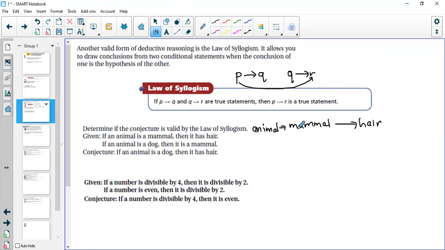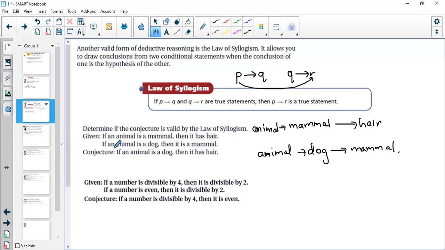If an animal is a mammal, then it has hair. If an animal is a dog, then it is a mammal. So if an animal is a dog, then it has hair. They said if an animal is a dog, then it's a mammal. Okay, so again, mammal has been connected here.